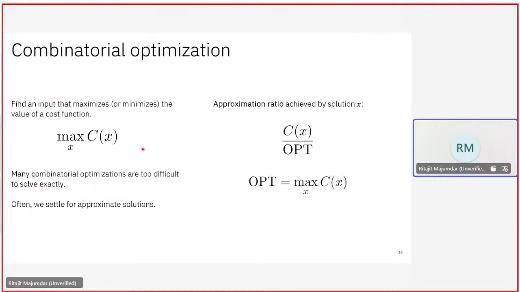So if I can solve any one of those problems in polynomial time, then everything in the NP hard class can be solved in polynomial time, and then P becomes equal to NP.